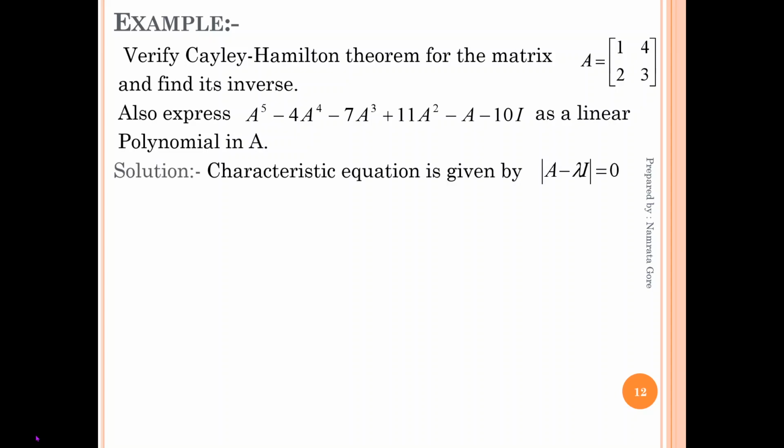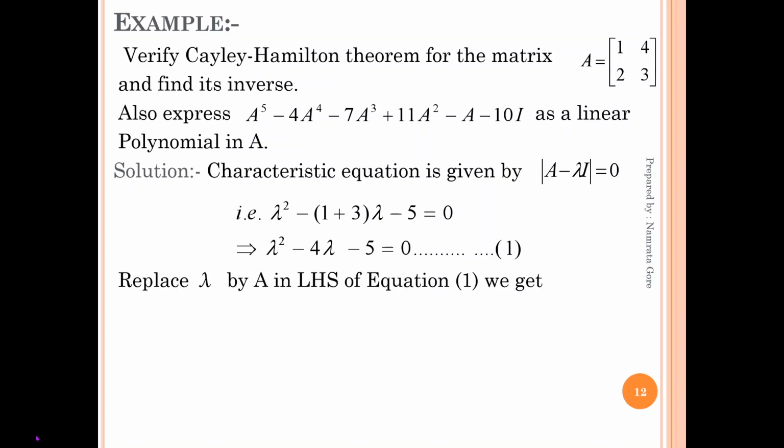So again starting with the characteristic equation, writing the characteristic equation for the 2 by 2 matrix, it will be lambda square minus 4 lambda minus 5 equal to 0. Replacing lambda by A in the left hand side of equation 1, because we are verifying the Cayley-Hamilton theorem, we'll write the left hand side first of all, A square minus 4A minus 5I.